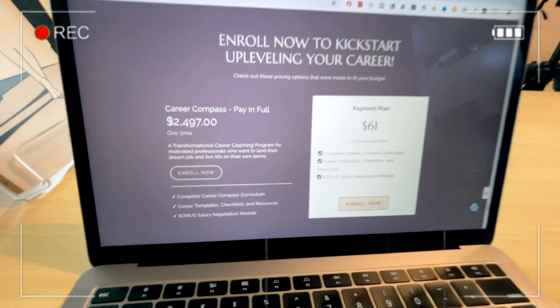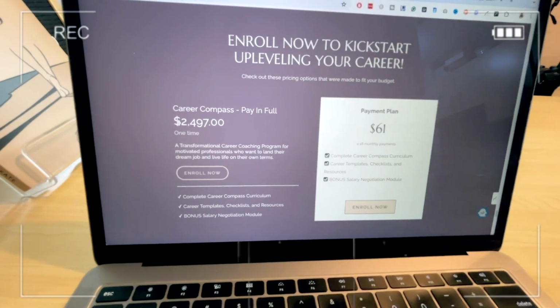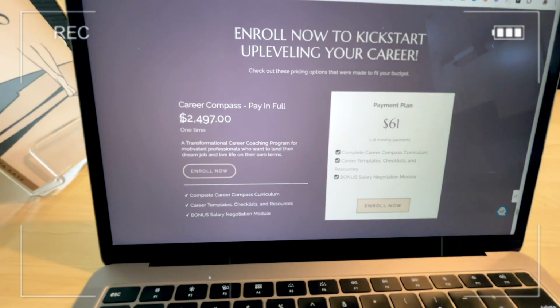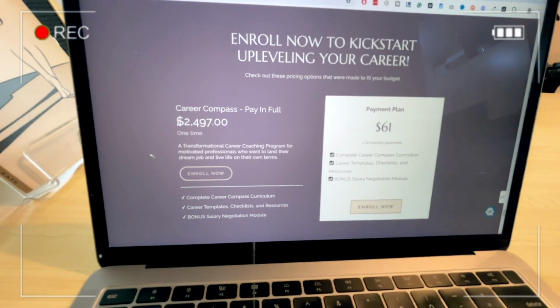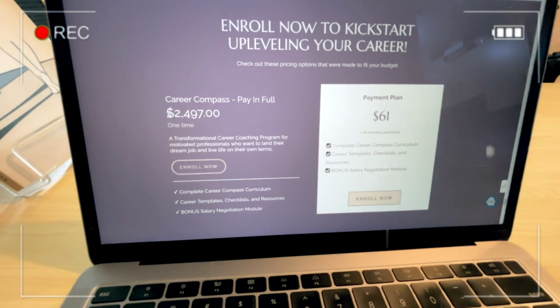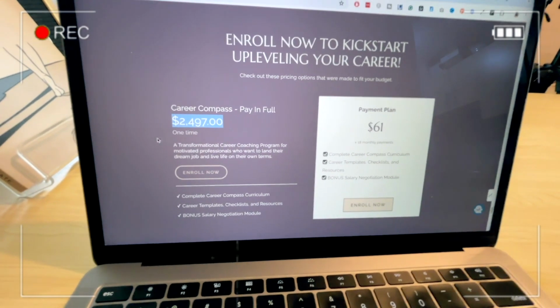So why can she price more than that? First of all, when she just started, I believe she offered this at around $1,000 to $1,500. And then she increased it when she finally got testimonials and she knew that the course was really working. So there's the credibility aspect to this.